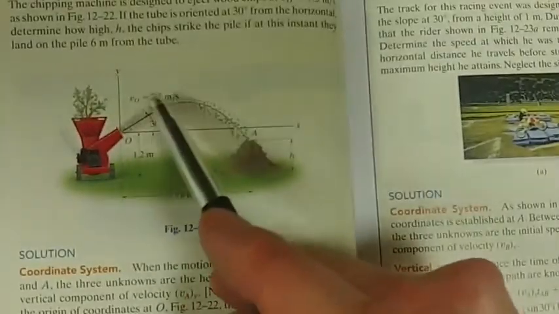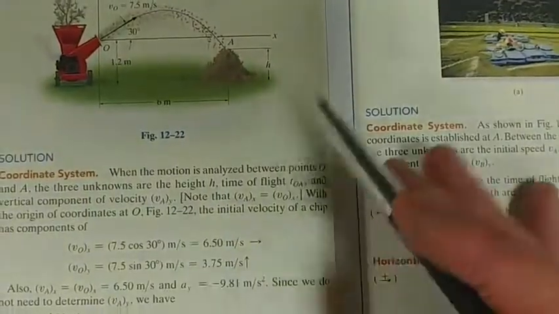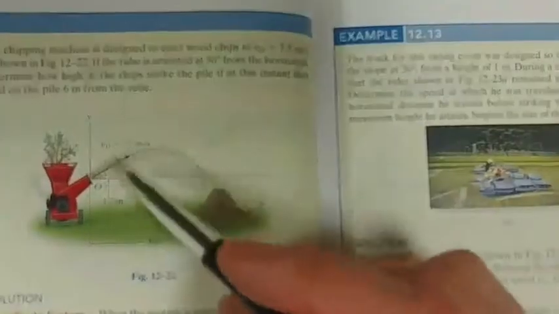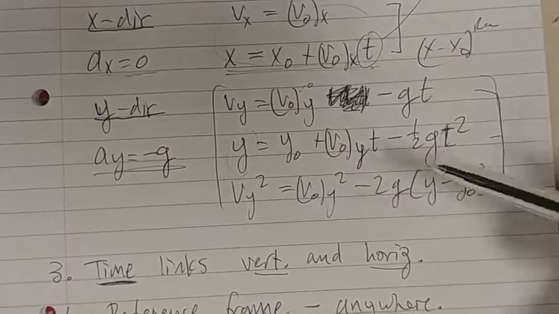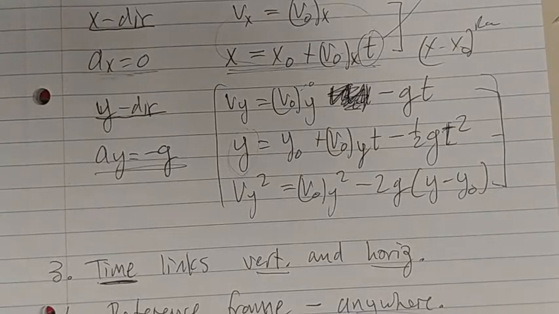I would say 7.5 cos 30 is my horizontal velocity. 7.5 sine 30 is my original vertical velocity. And then, if you don't know what to do, systematically go through each of these equations and try to see if you can solve those problems.